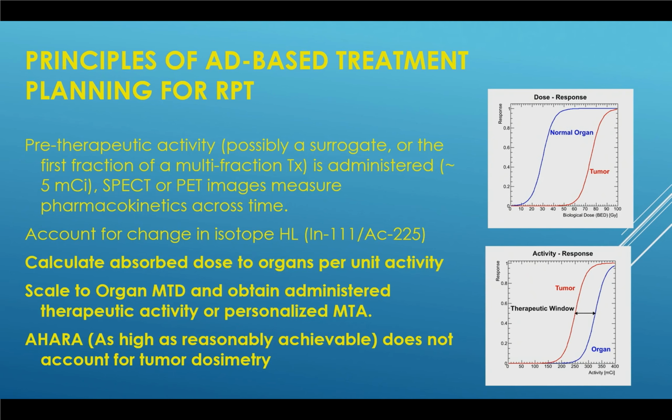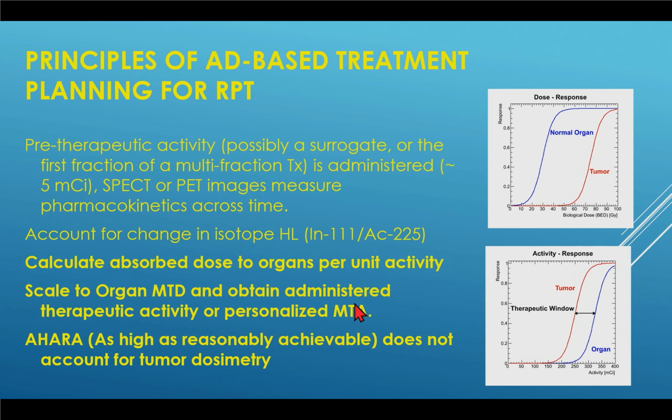Or if you're going to do a multi-fraction treatment anyway, you could use the first fraction of the treatment to measure as a function of time the activity in the different organs. Then you can say, aha, now I know what the individual patient's pharmacokinetics are. I know what dose the patient is going to get to each of the organs and the lesions as a function of administered activity, per unit of administered activity. And then I can calculate what's the maximum amount of activity I could give to each and every patient.